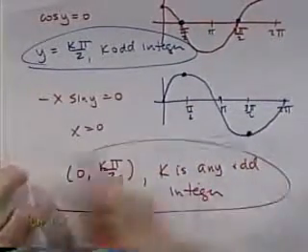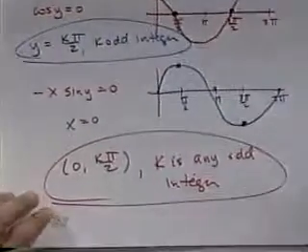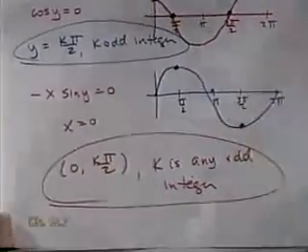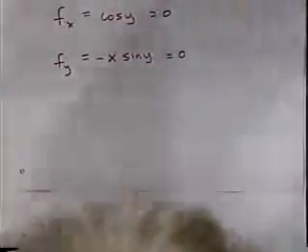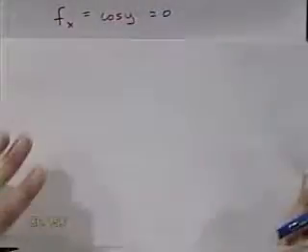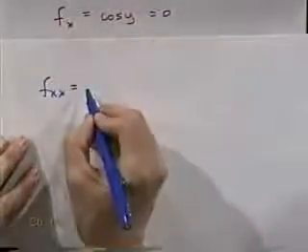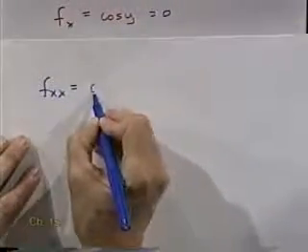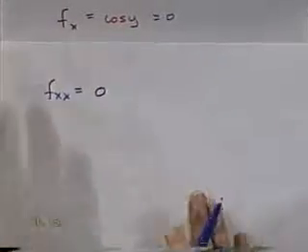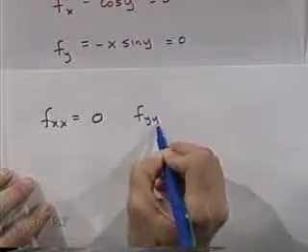Now you might say, geez, how are we going to define the discriminant for all those points? Well, it's not all that bad. All we have to do is evaluate our discriminant. So we have to find our second partials. Coming back here, fxx, the derivative of cosine y with respect to x, is 0. How about fyy?